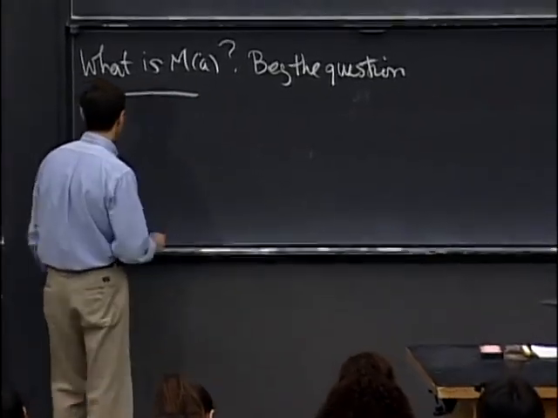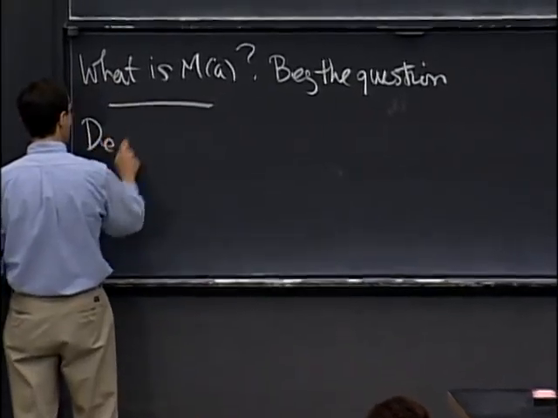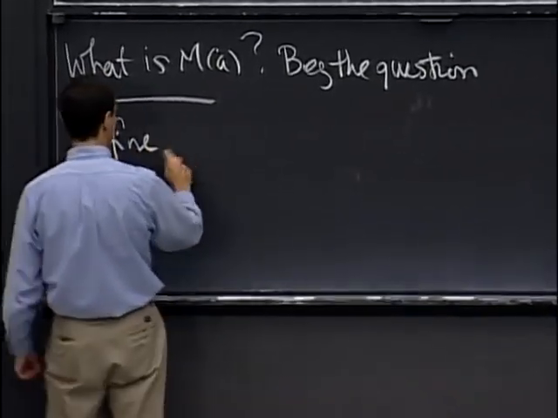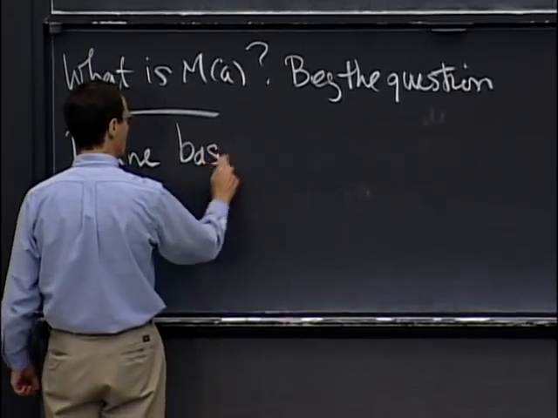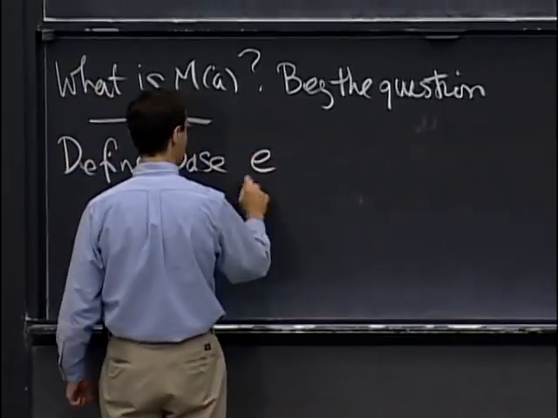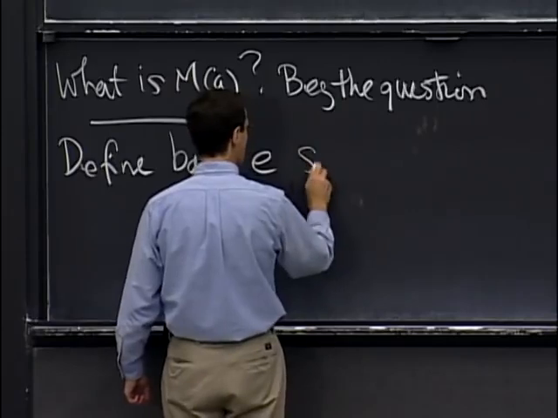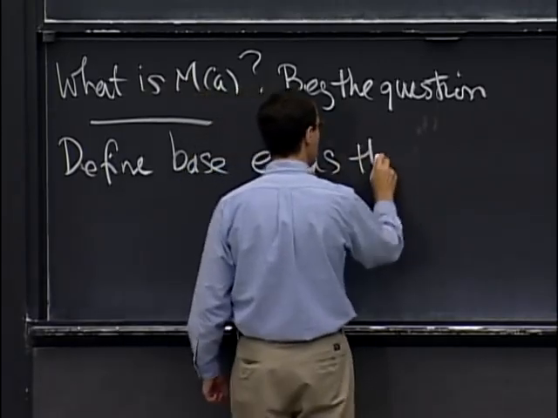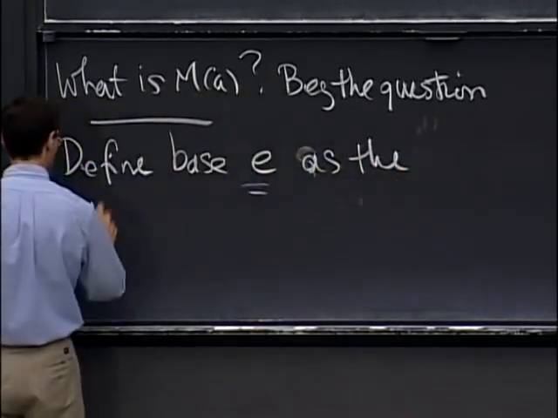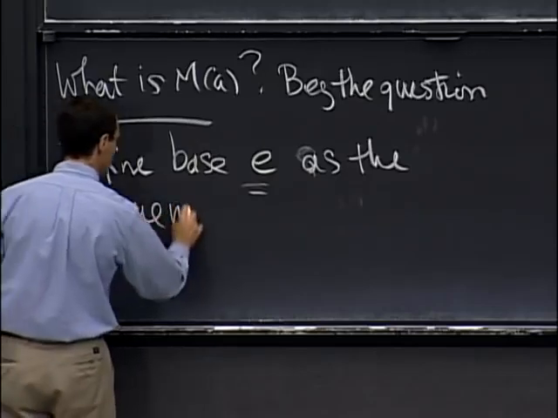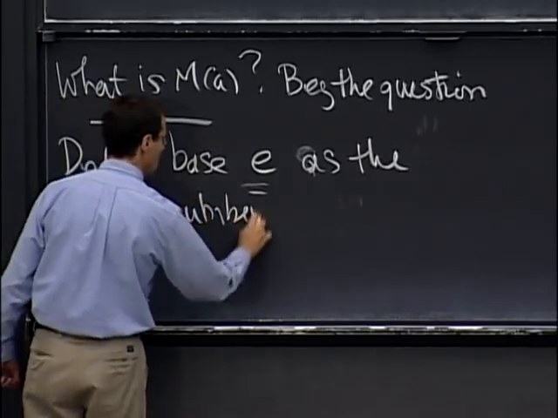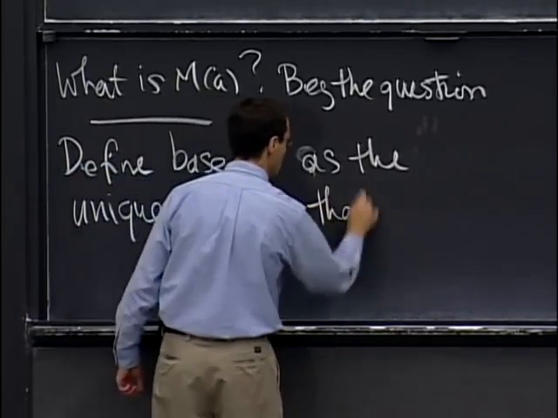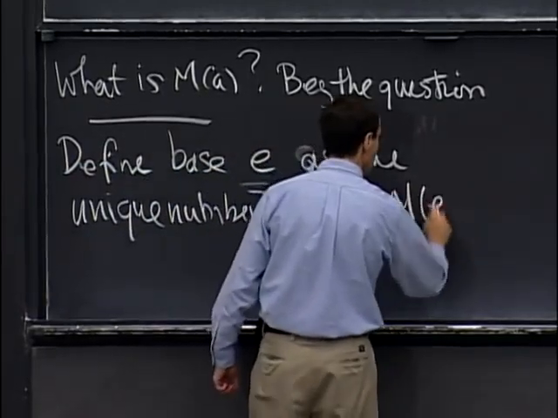What we're going to say instead is we're going to define a mystery base, or a number e, as the unique number so that m of e is equal to 1.